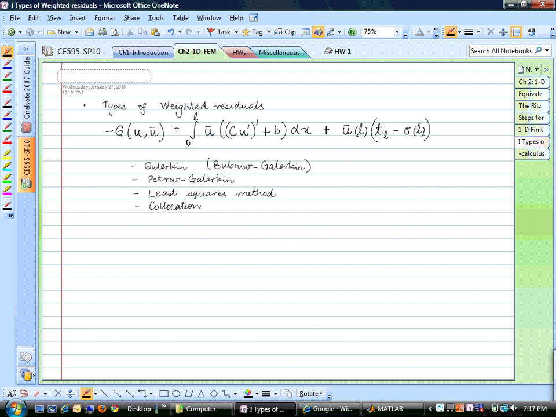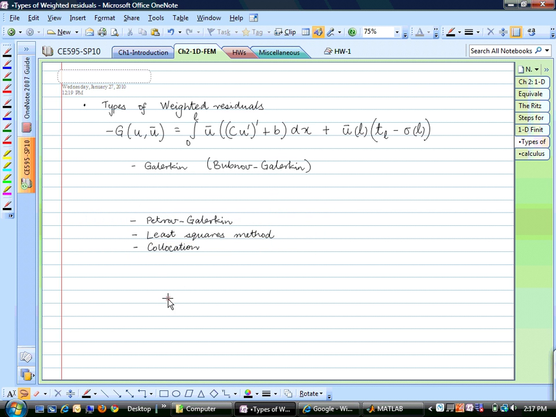The first one that we've already taken a look at is the Galerkin approximation. In this Galerkin approximation, we choose this function u bar equal to whatever approximating function we chose for the real displacement.